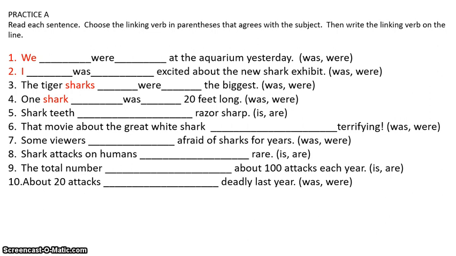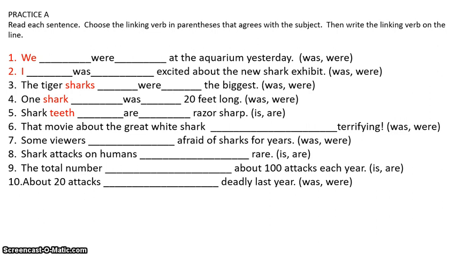Okay, number 5 says, Shark teeth are razor sharp. The subject is teeth, not shark teeth. Shark is telling what kind. So teeth is your noun, your subject, and it is linking to razor sharp. Those teeth were razor sharp. In this case, it's present tense, so you're going to be using are. Number 6, that's a hard subject to find.